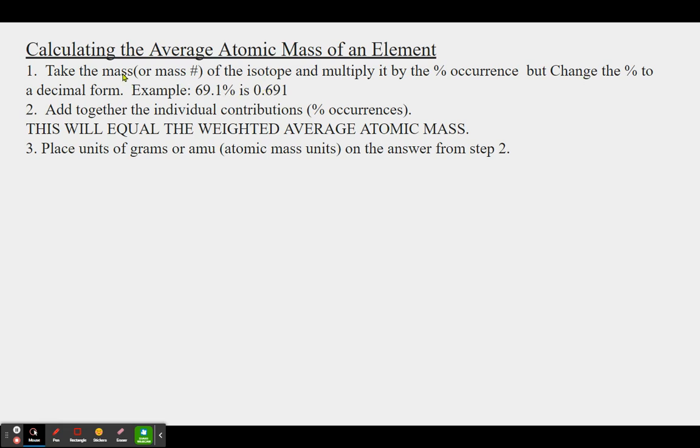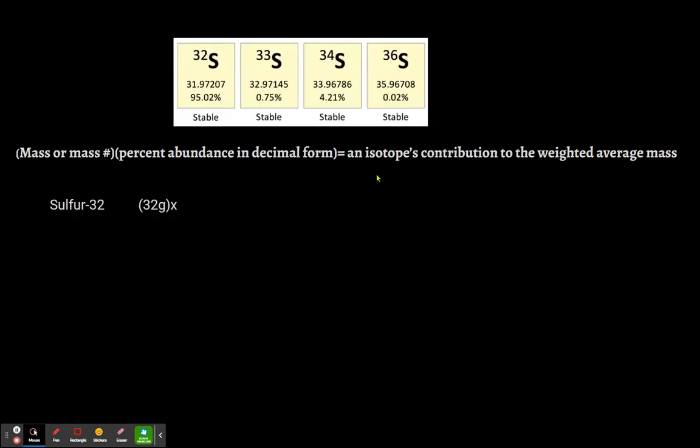So it's simply mass times percentage occurrence. Once we've done that calculation for each isotope, we will sum the individual mass contributions by each isotope, and that will equal the weighted average atomic mass. And then we'll follow up by putting an appropriate label of grams or atomic mass units at the end. So let's see how that works out.